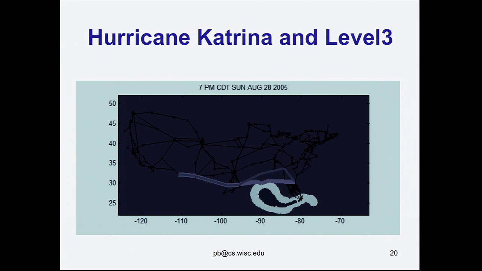So what you see here, of course, is the footprint of Level 3's infrastructure, the path of Katrina, and then the highlighted path is the one between two selected nodes in the infrastructure, the nodes that had the highest bit risk as the hurricane advanced, and how paths might have been augmented in order to reduce bit risk during that event. So this is a demonstration of the dynamic capability of RiskRoute.